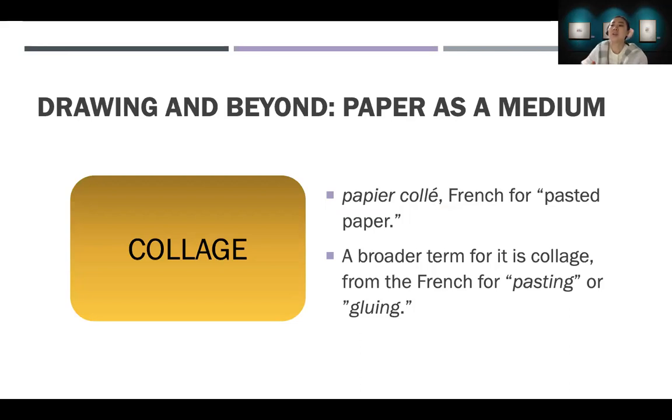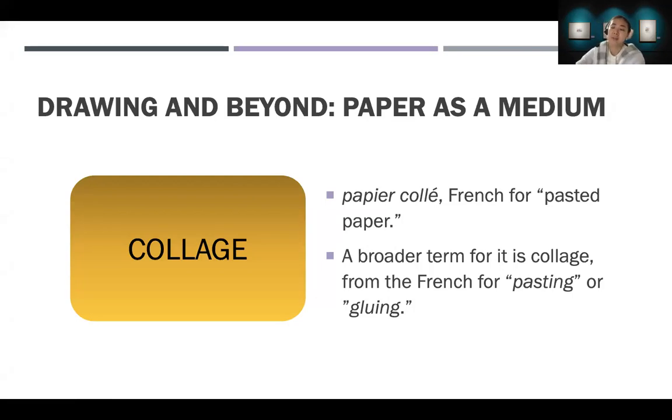So Georges Braque's invention, which was taken up immediately by Pablo Picasso, became known as papier-collé, French for pasted paper. A broader term is collage, from the French for the pasting or gluing, and papier-collé is by definition made of paper. Collage does not imply any specific materials.